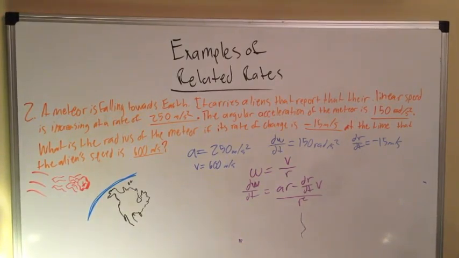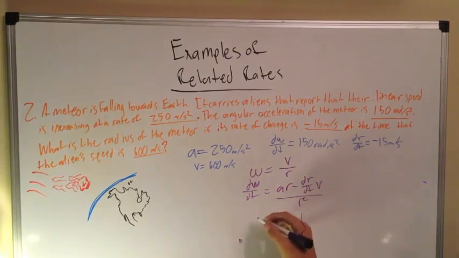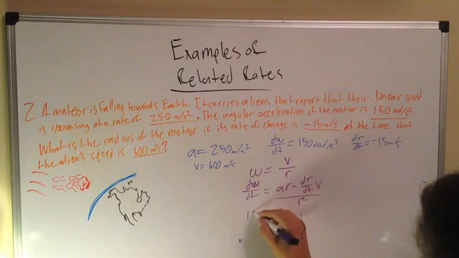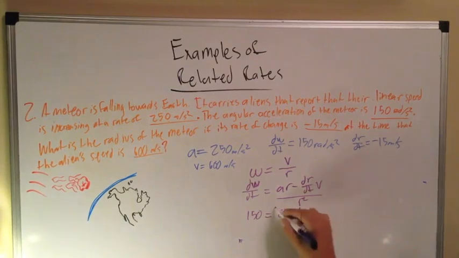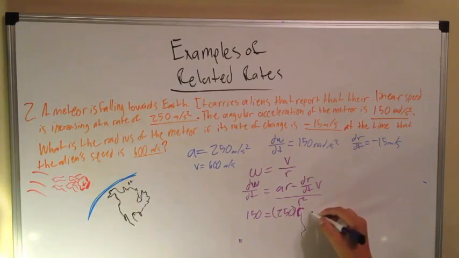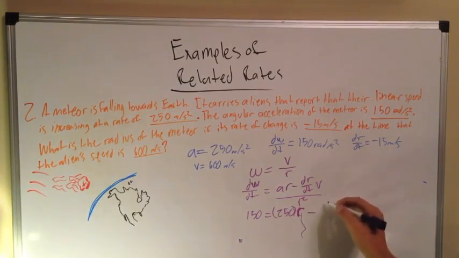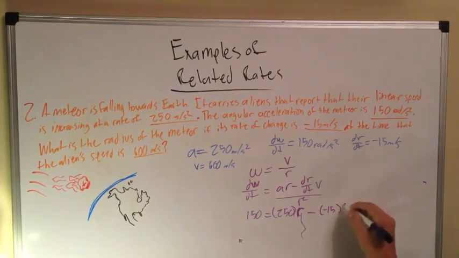So now we just plug in. We know that the angular acceleration is 150. We know that the acceleration is 250. The radius is the unknown. And the rate of change of the radius is negative 15 meters per second. And the linear velocity is 600, over r squared.